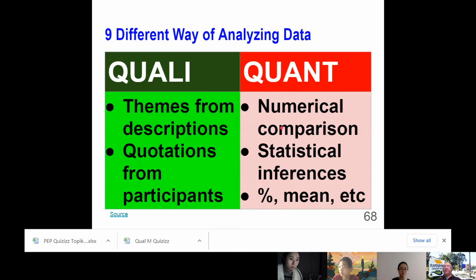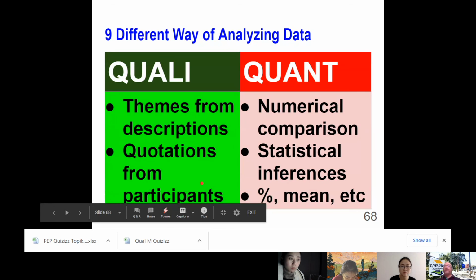Now we go to number 9: the differences in terms of how to analyze data. In qualitative research, we analyze using themes, and we also need to tape the conversation. Why?